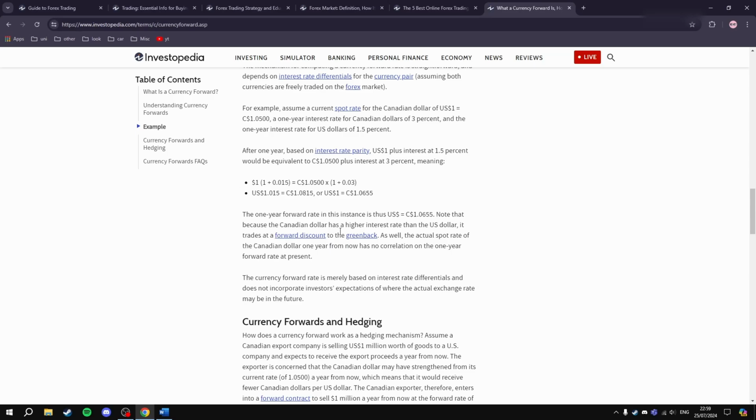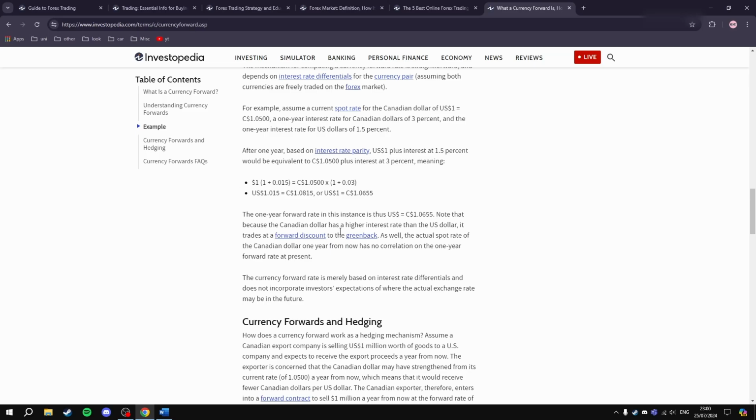$1 times (1 plus 0.015) is equal to 1.05 CAD times (1 plus 0.03). So 1.015 USD is equal to 1.0815 CAD.